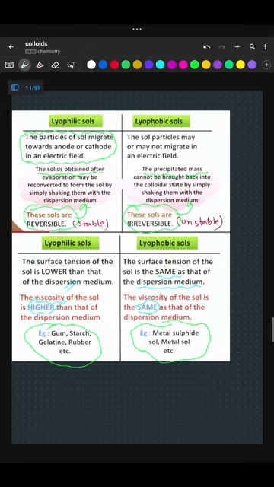You can try to memorize them if you think it's important. After that, we are done with the differences between lyophilic and lyophobic solutions. In one word, lyophilic is something that attracts water, and lyophobic is something that repels water.